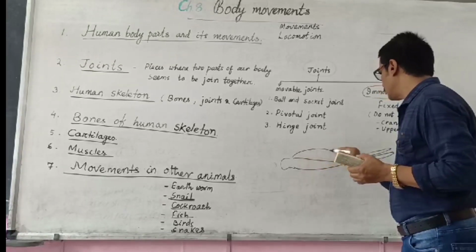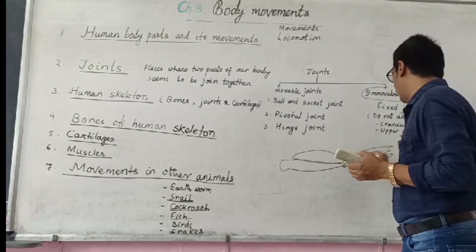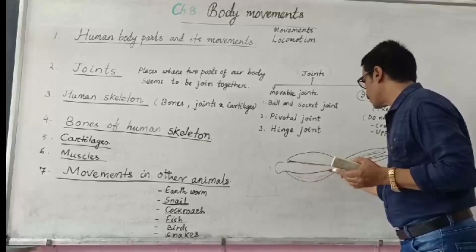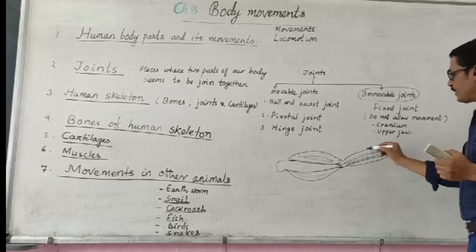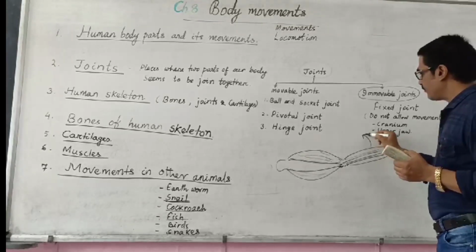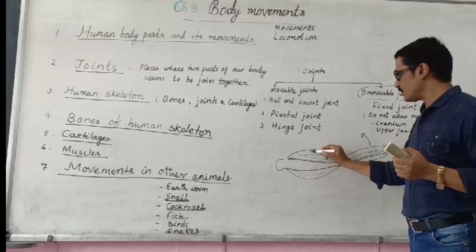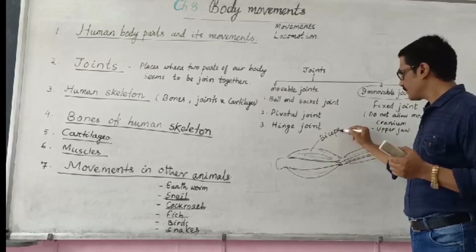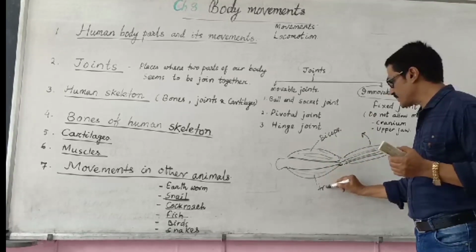Now, here you find the muscles, and here also muscles, here also muscles. When you bend your arm, you find that one muscle is known as the biceps, and the other muscle is known as the triceps.